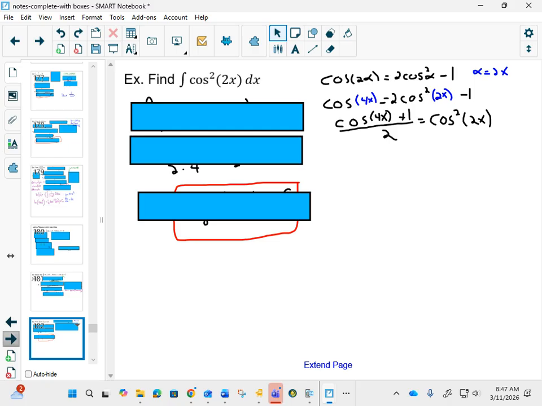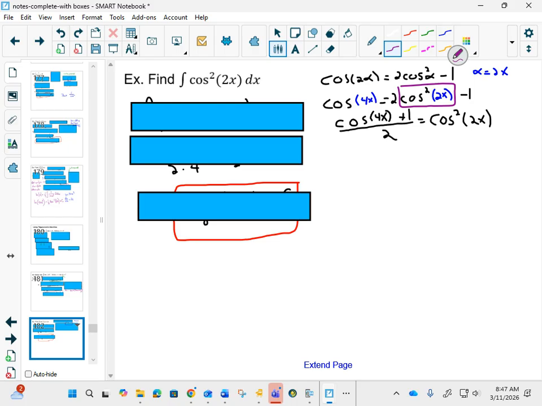And what makes this interesting is we're not thinking about using the cos 2x on the left side of the formula. We're thinking about having our cos 2x with the squared inside the formula.